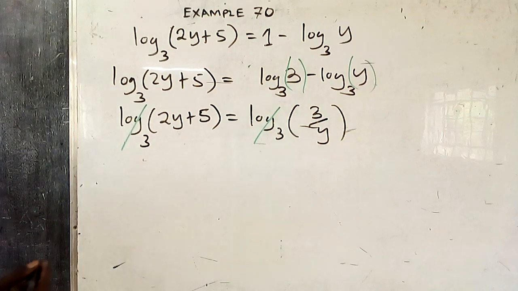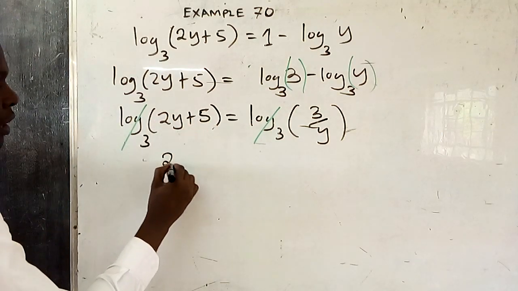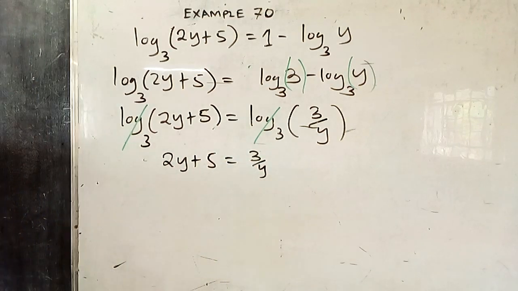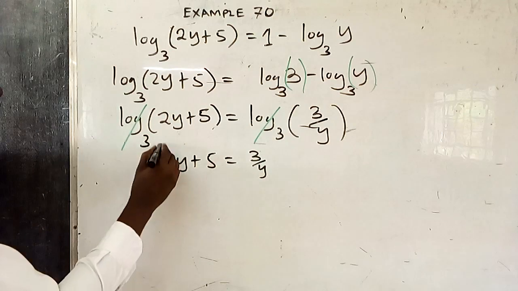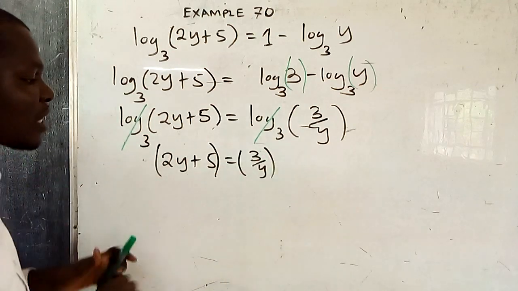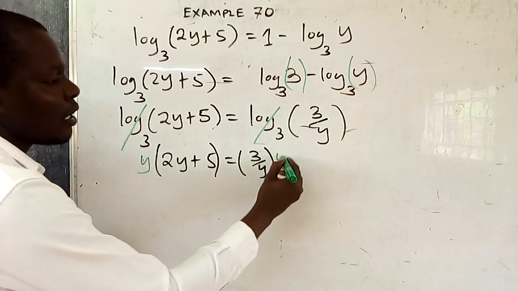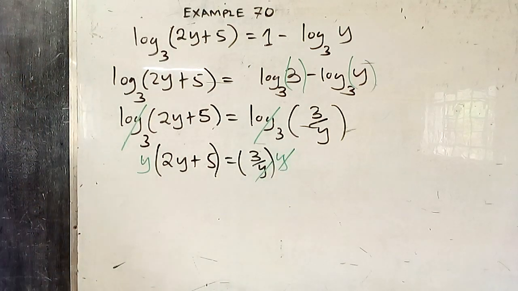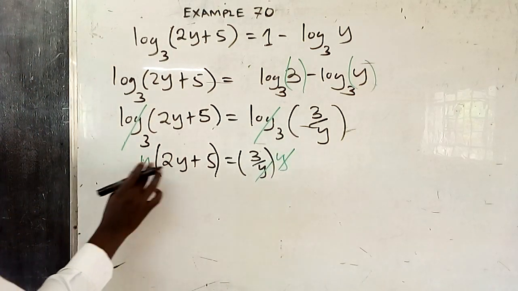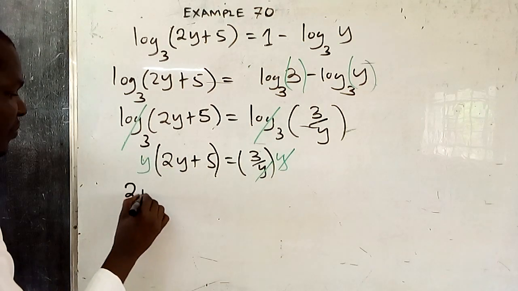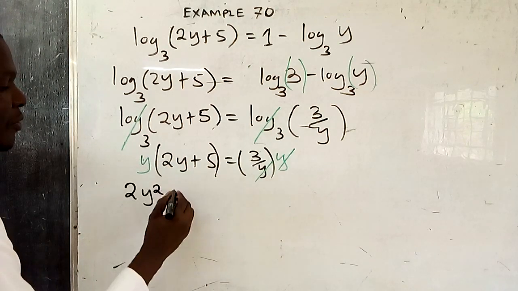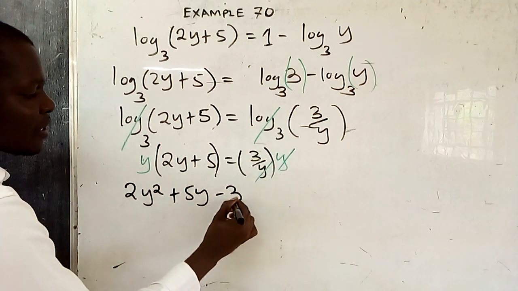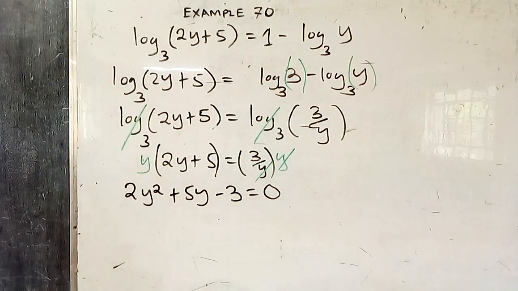So if you ignore the log, you remain with 2y plus 5 is equal to 3 over y. So to get rid of y in the denominator, we multiply both sides of the equation by y, isn't it? So that y will cancel out with that y. Are we together? So we get y times 2y, 2y squared, y times 5, then 3 coming this side, it becomes equal to 0.